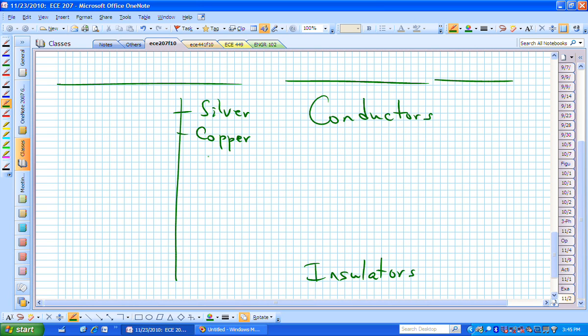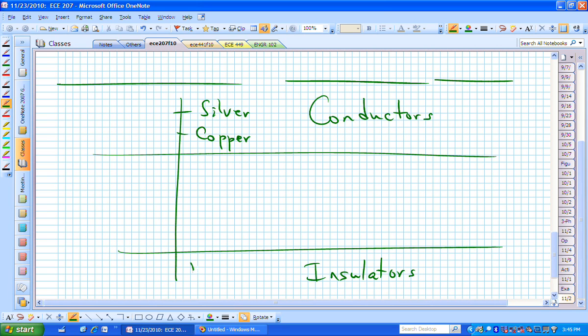We might want to try to keep that current from flowing in certain situations, and so we might actually want some kind of insulator, which might be rubber or glass or Teflon. And this particular axis that we're sort of going vertically on is our conductivity.